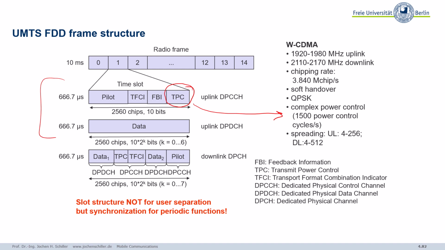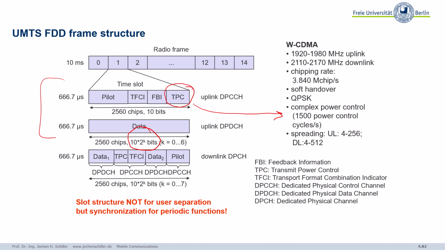Furthermore, we have a fixed number of chips per slot, because we have this fixed chipping rate, but as we can use different spreading factors, we can transmit a different number of bits. Uplink and downlink differ in how they handle user data and information, but those are some more details we don't have to cover.